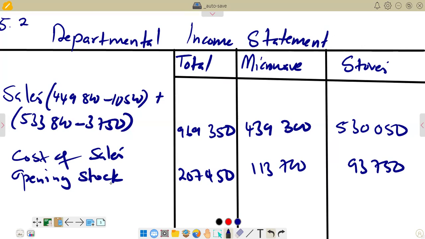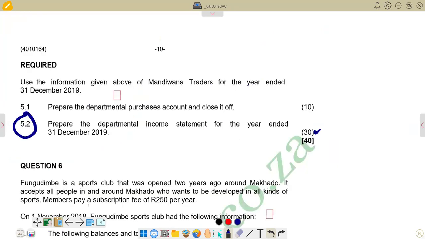Right, so after opening stock, obviously, we add purchases. So basically, we are saying plus purchases. But the figure for purchases was calculated in the first part of the question, on the preparation of the Departmental Purchase account.